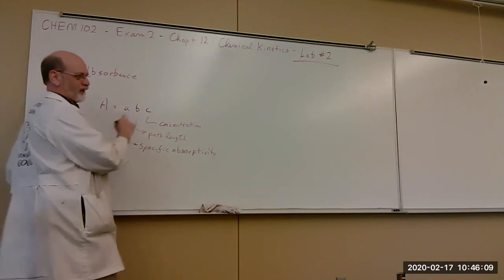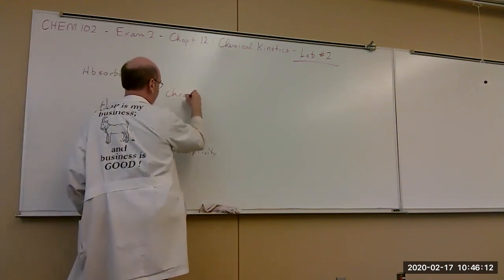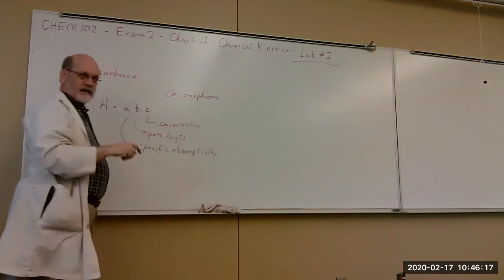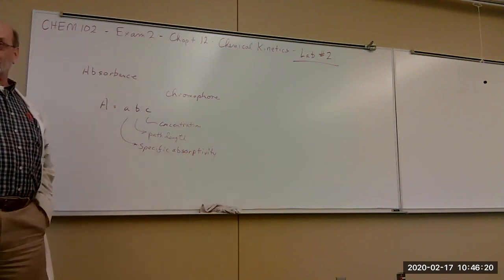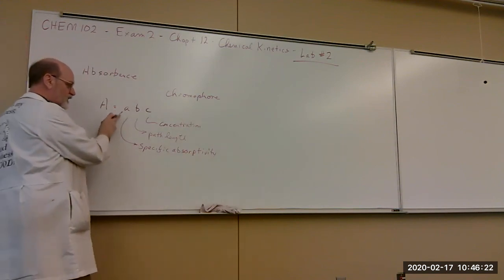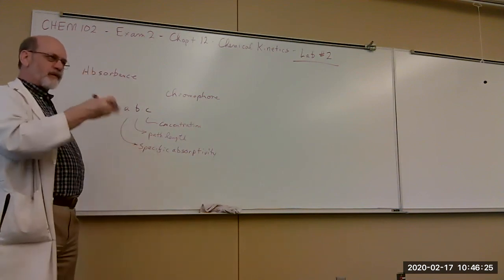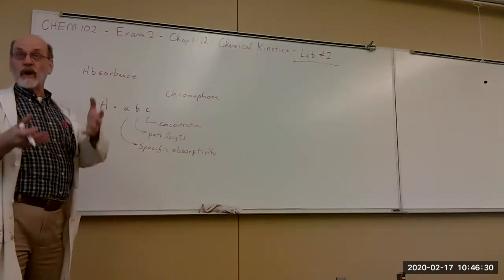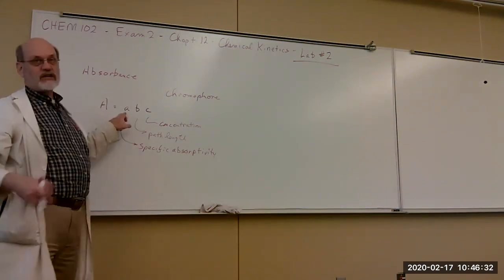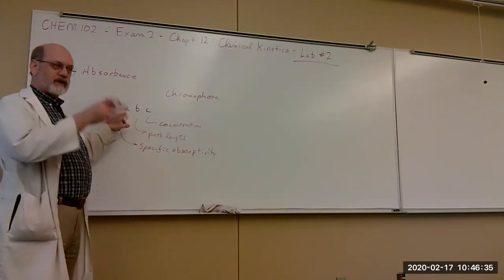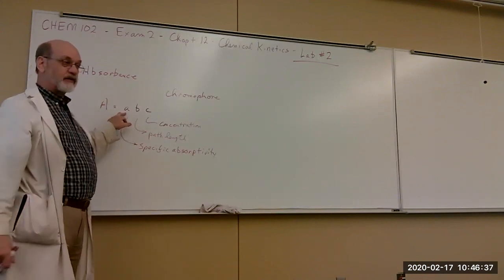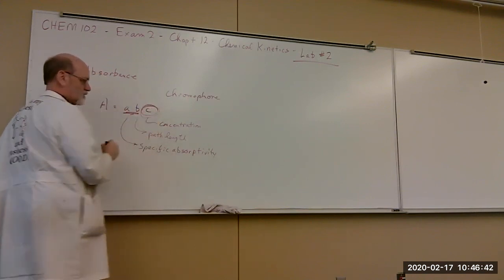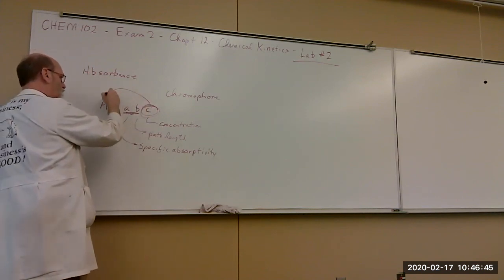What do I mean by chromophore? Chromophore just means colored body. That's what produces the color in the dye. So it has a specific absorptivity, that is, for a certain amount, it will absorb light at this much, at a given wavelength. This doesn't change either, because once you put it in that cuvette, you don't put anything else in there with it. So these two are constant. This is the only one that changes.